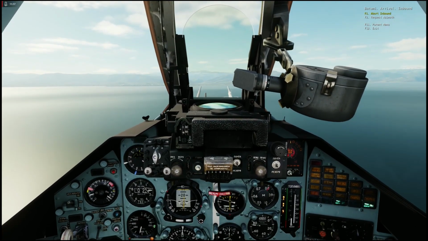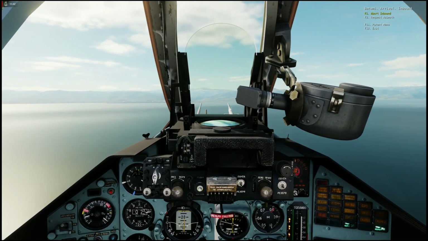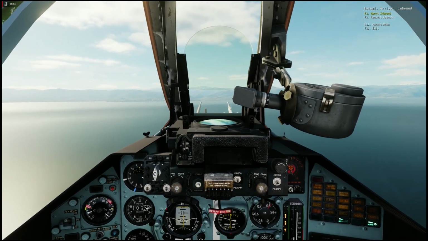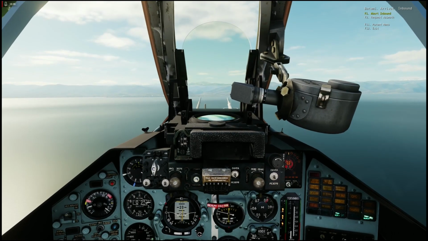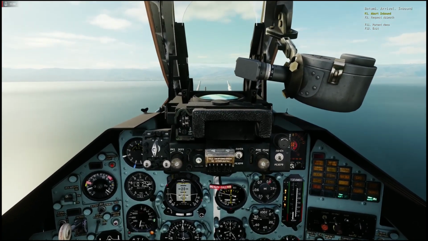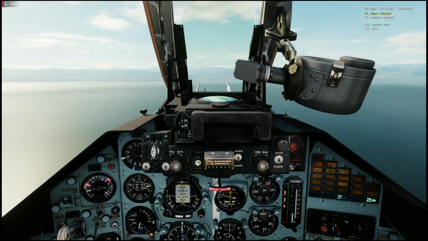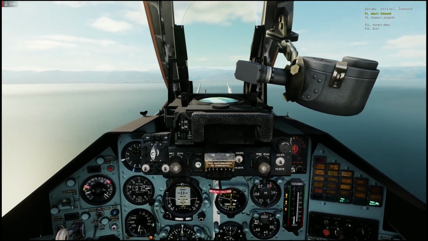When you get a bit of experience in any plane, you don't actually have to look at the airspeed, because you get a feeling of how she's climbing, descending, how much control you have. So the more experience you have, the less you're looking at the speedometer, the velocity meter.